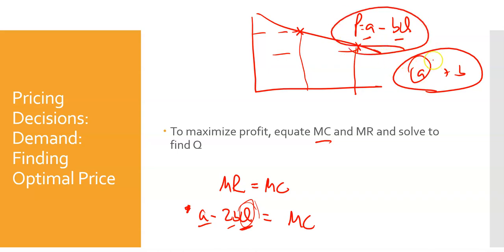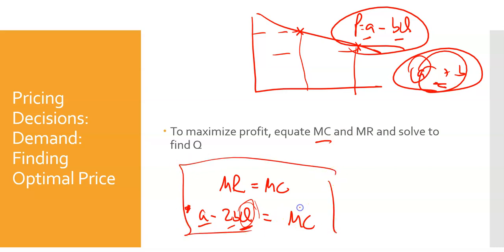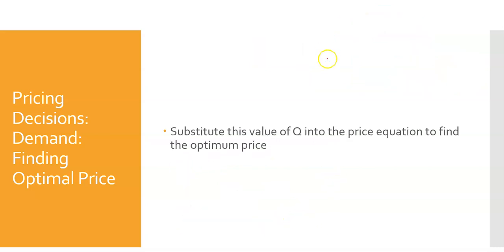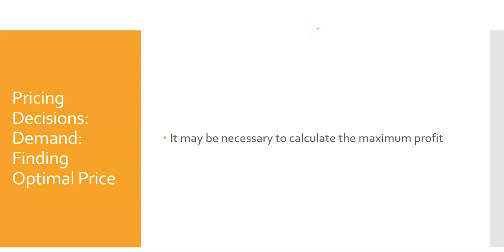And then when I've found A and B, I literally take them and come back in here and apply it. They can also ask you other questions, such as calculating the maximum profit. It doesn't really matter.